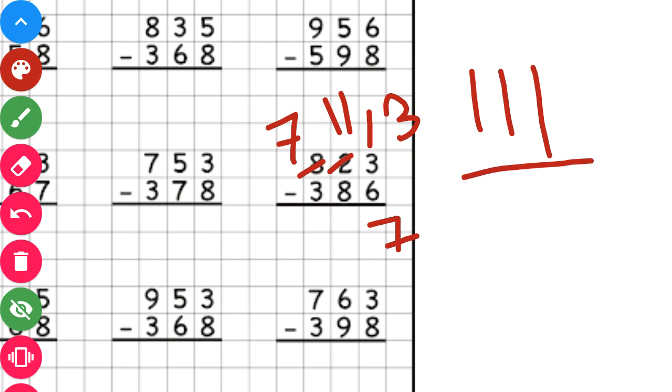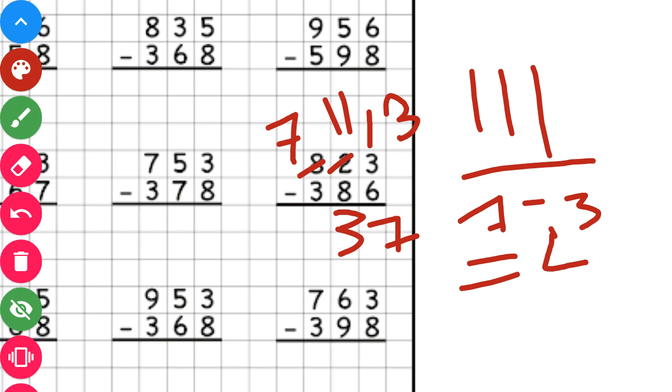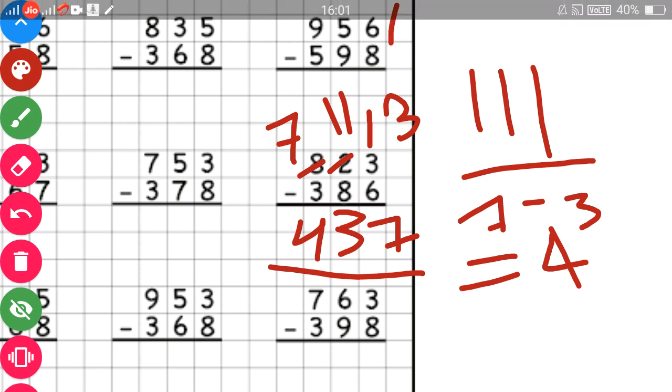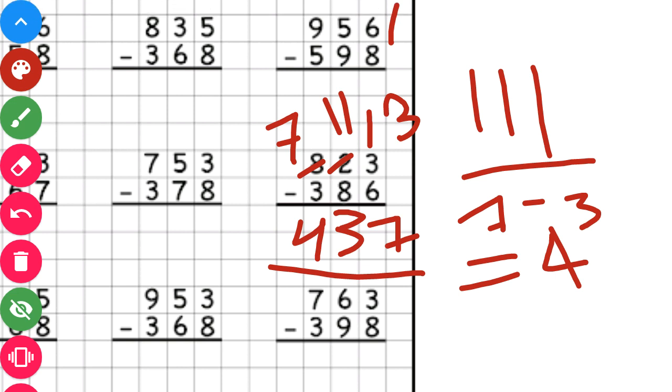How much? 3. Now we have 7 at the hundreds place. So subtracting 3 from 7 we will get 4. 437. 437 is the right answer. Okay.